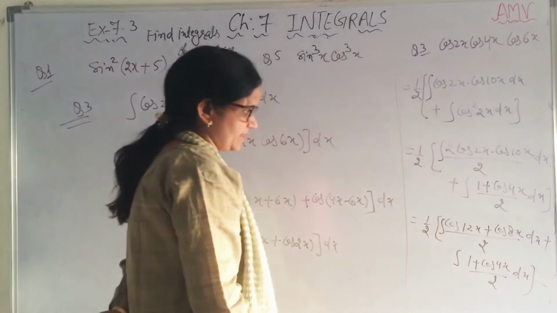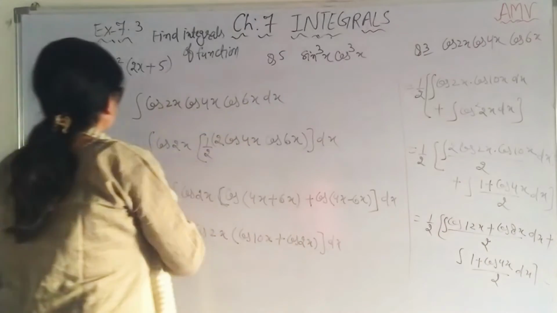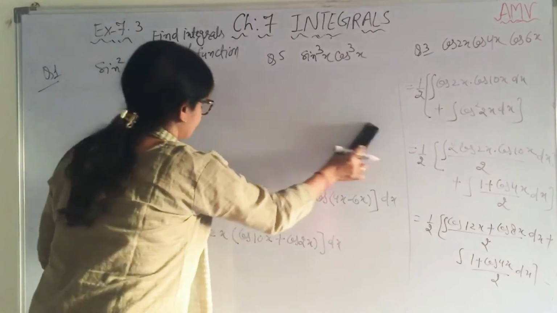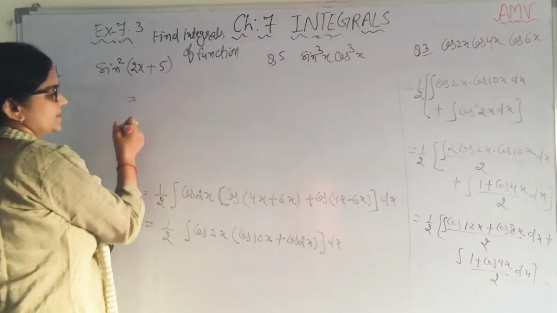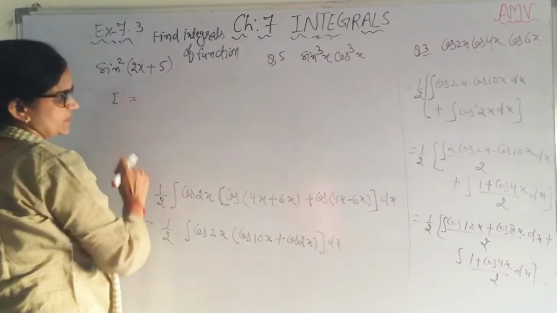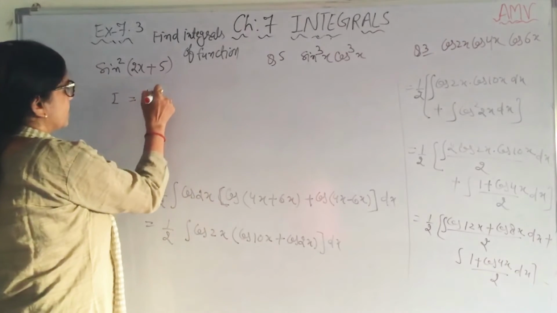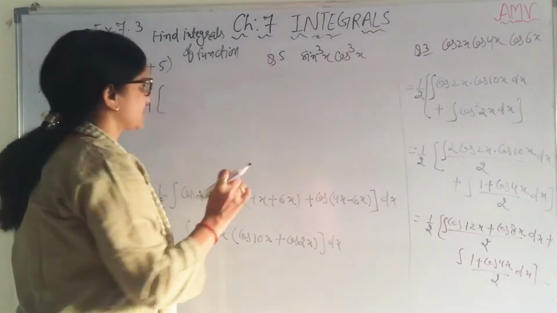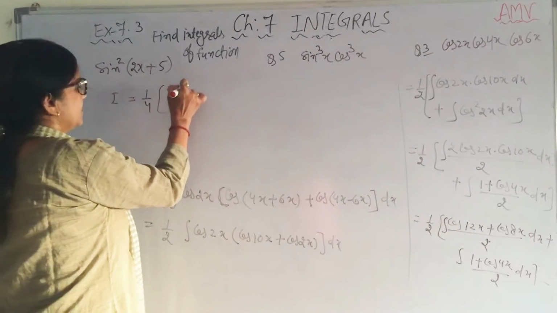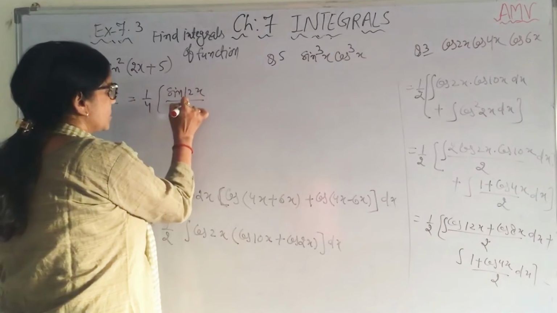Now take integration. Next, integration is here 1 by 4. Integration of cos 12x is sin 12x by 12.